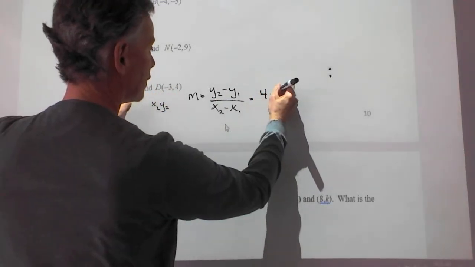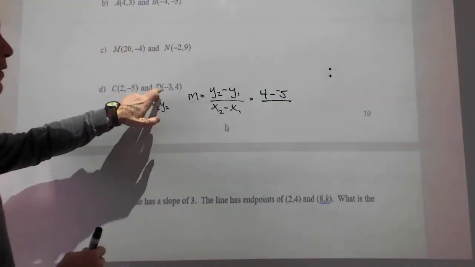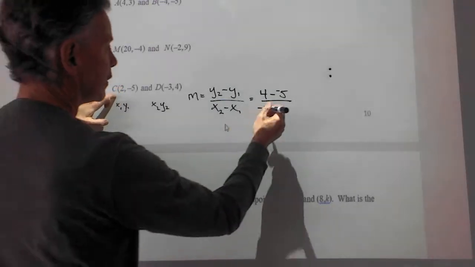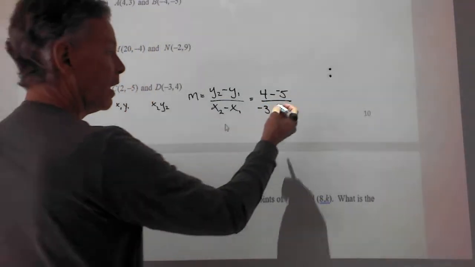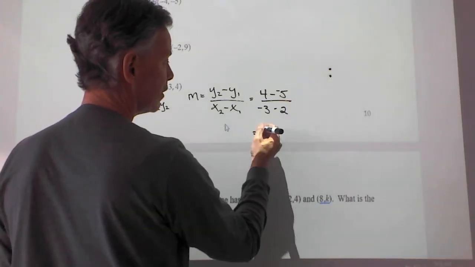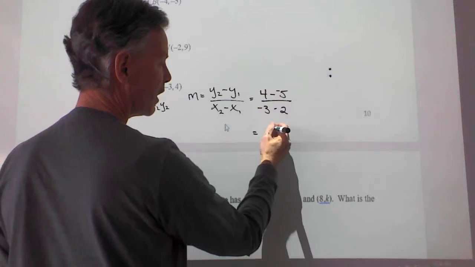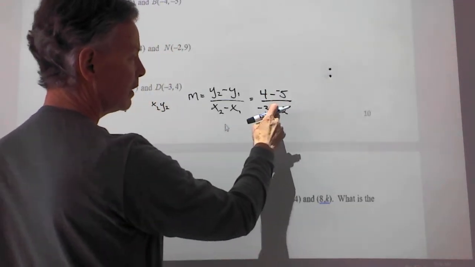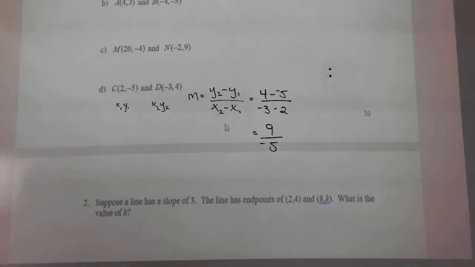So minus negative 5. Our x2 is negative 3. And our x1 is 2. Okay? Do your subtraction. 4 minus negative 5. Remember, that's like saying 4 plus 5 or 9. Negative 3 minus 2 is negative 5.